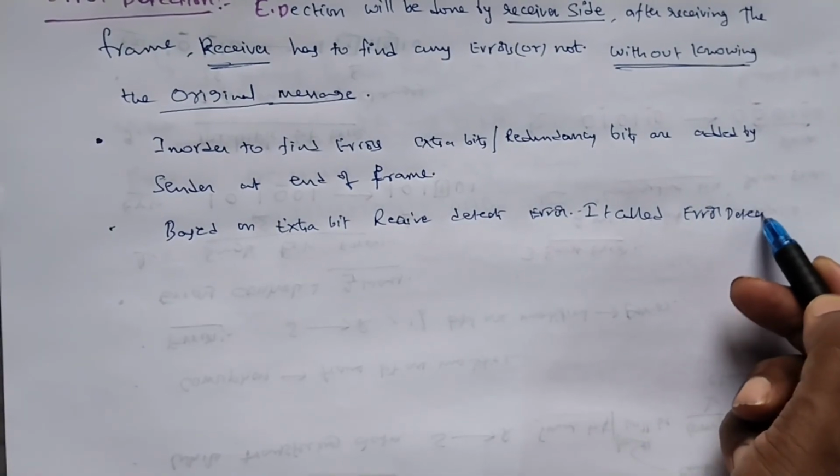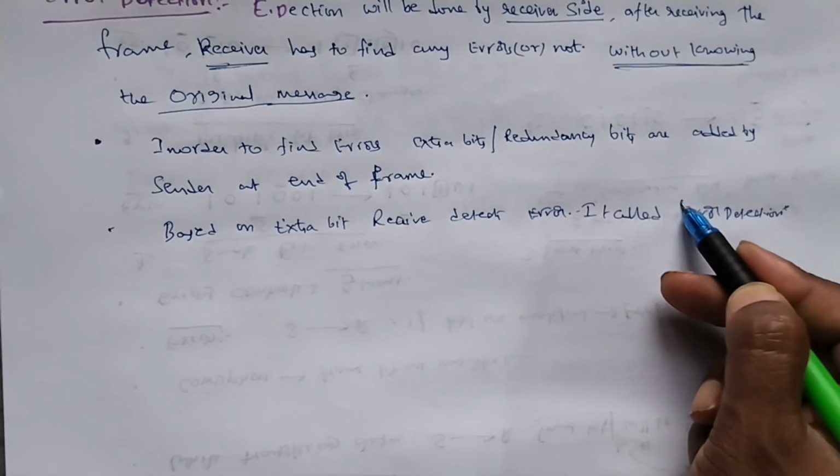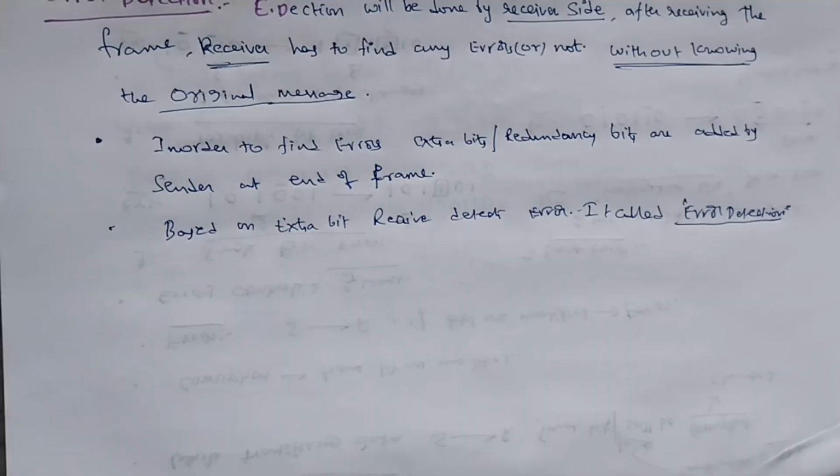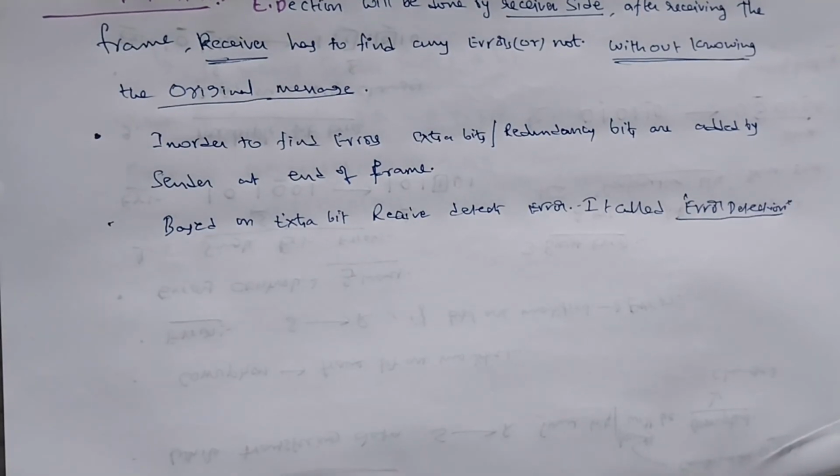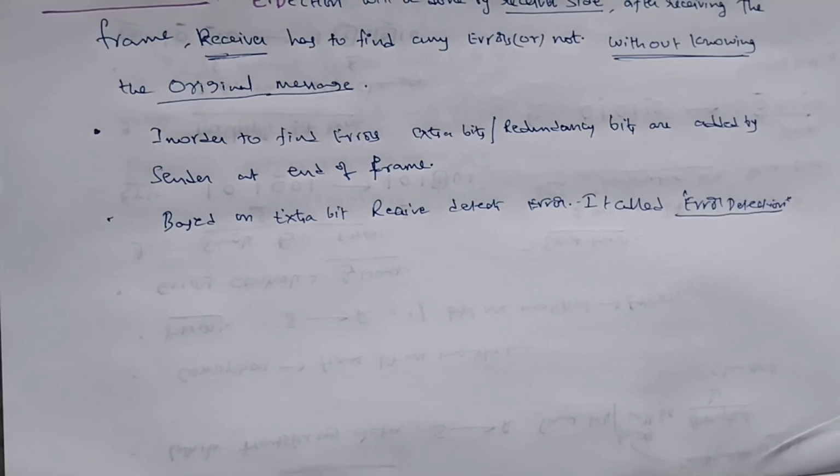Error detection means the receiver checks whether the frame has any errors or not without knowing the original message. Here the receiver only checks whether there is any error or not. He does not know the position of the error.